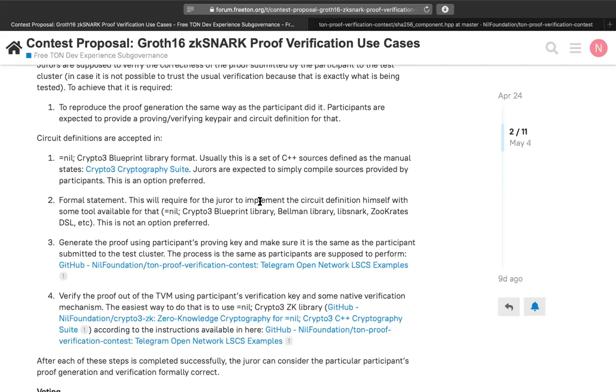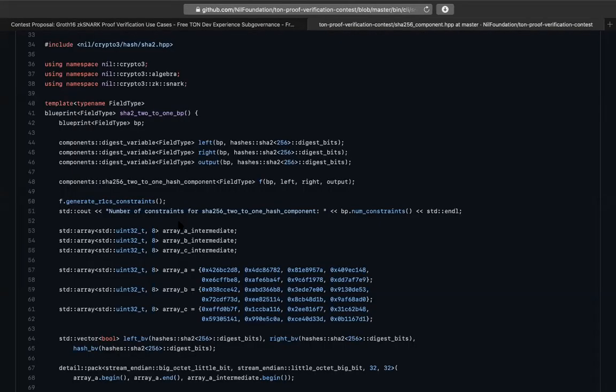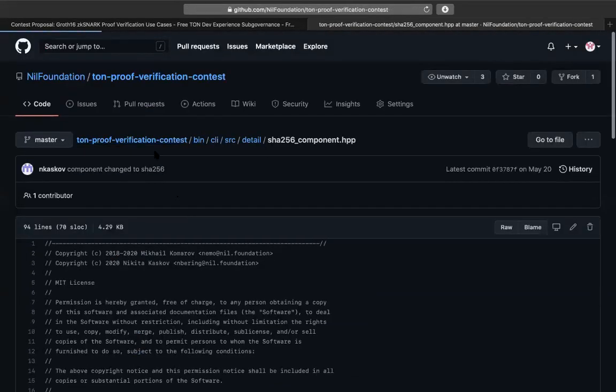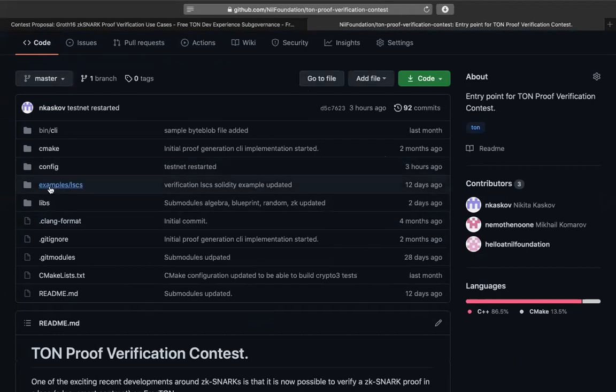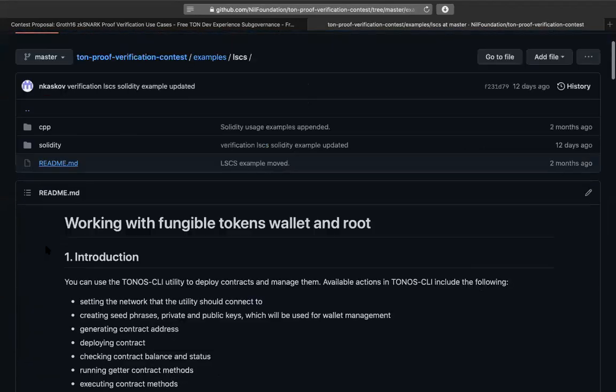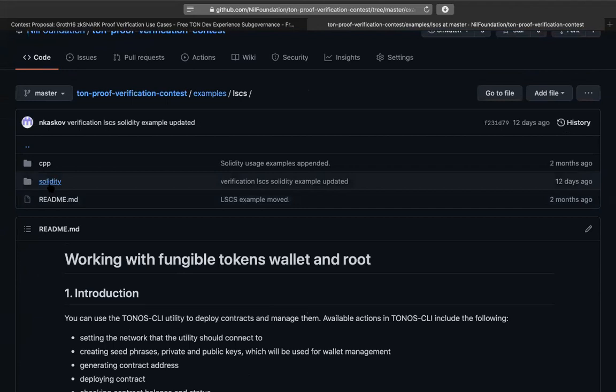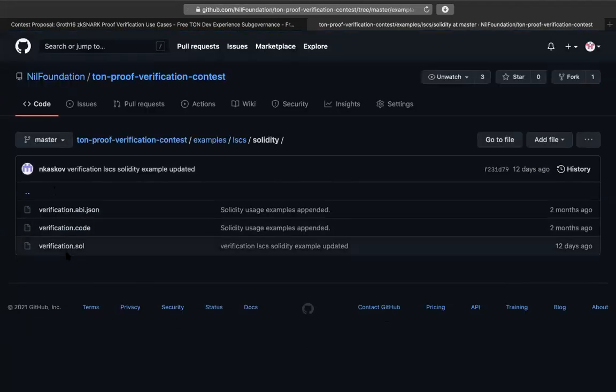Let's come to the in-TVM part, the second part of a submission. The second part of the participant's submission will probably be some virtualized code, code for the TVM.